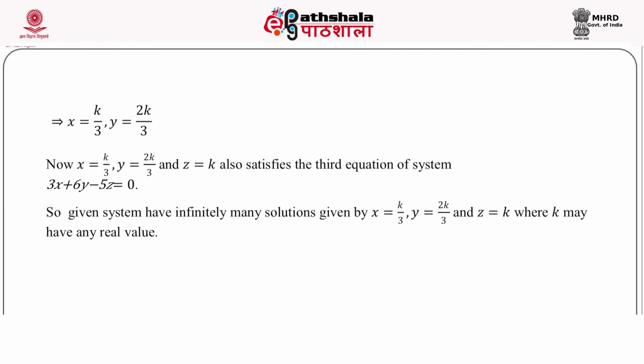So x equal to k by 3, y equal to 2k by 3, and z equal to k also satisfy the third equation. You can check this, the third equation is 3x plus 6y minus 5z. So the given system has infinitely many solutions given by this relation, where k may have any real value. And these are some questions for exercise.